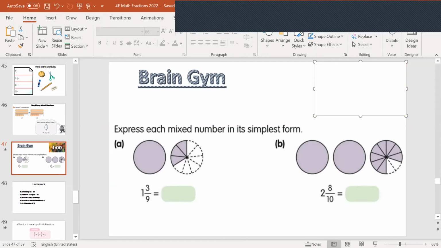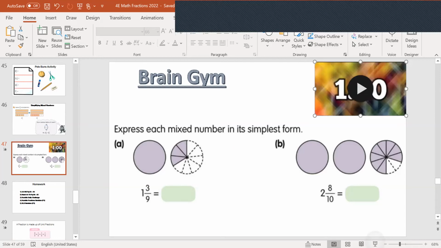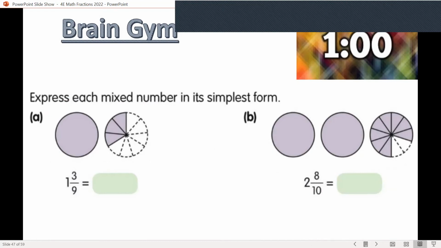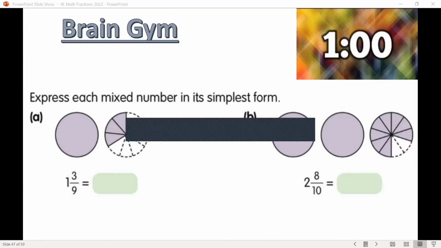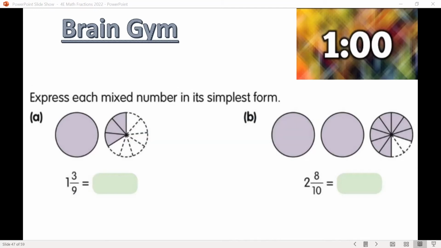Can we look at this first? Okay. The timer is not really working very well, but never mind. We have 1 minute on this.